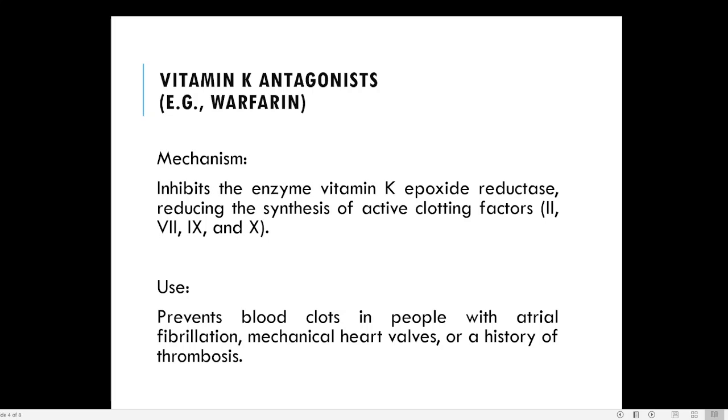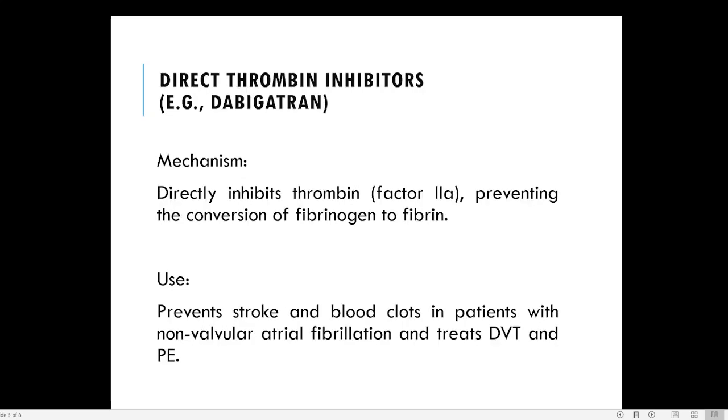So here you can find a picture showing the irregular heart rhythm or irregular heartbeat. This is the picture showing atrial fibrillation. It is simply an irregular heartbeat. Then they are used when mechanical heart valves are placed or with a history of thrombosis. Thrombosis means clot formation. So vitamin K antagonists are one type of anticoagulant.